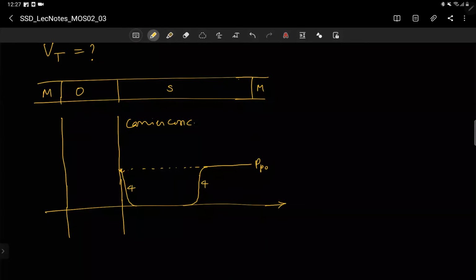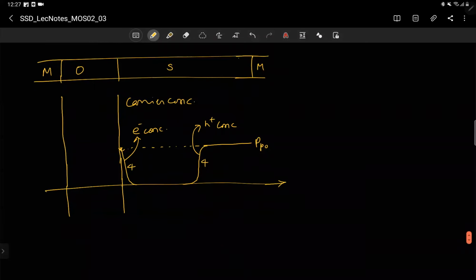This is hole concentration, and this is electron concentration. Hole concentration goes like this, and electron concentration starts at Pp naught and goes like this.